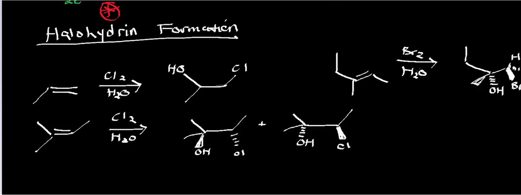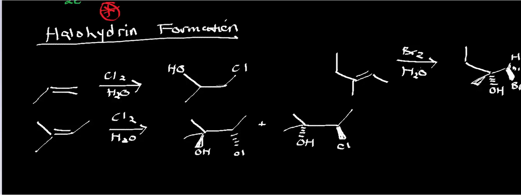Now this is just like halogenation in the sense that we can't use diatomic fluorine or diatomic iodine. We can't use either one of those. We can only use chlorine or bromine, and that's just because of the formation of the intermediate. It's too slow with iodine and way too explosively reactive with fluorine.